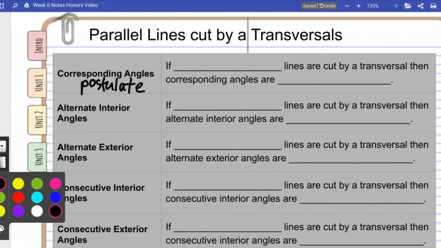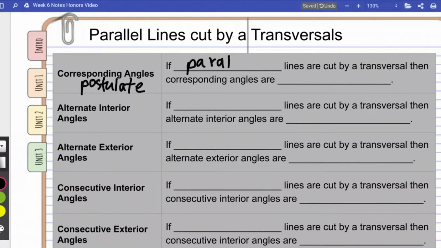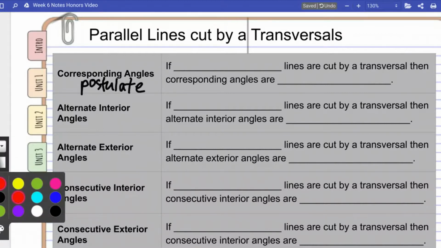So the corresponding angle postulate says if parallel lines, so the lines have to be parallel, are cut by transversal, then corresponding angles will always be, we said corresponding angles are going to be congruent. So he came up with this postulate. This is something we assume to be true.